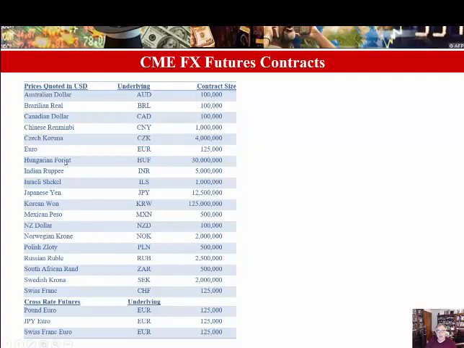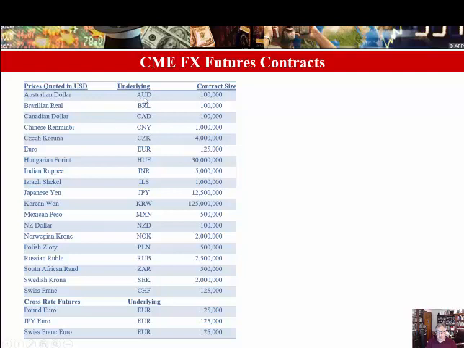Although these contracts do exist, they are not all liquid contracts. This means that there is not much trading happening in some of these contracts, but some of them are highly active, like the euro, the pound contract, and the Japanese yen contract. But some of the emerging market currencies probably are thinly traded in this market.